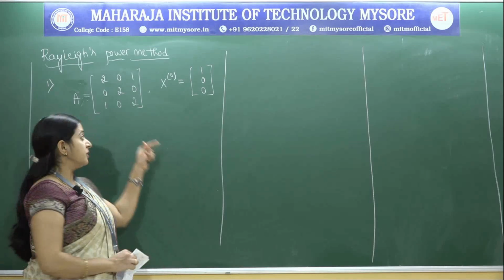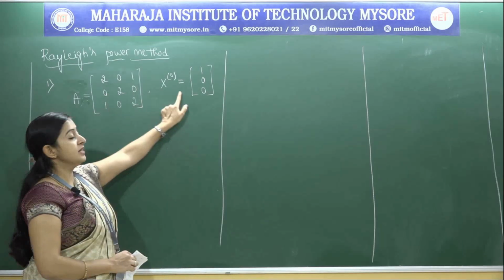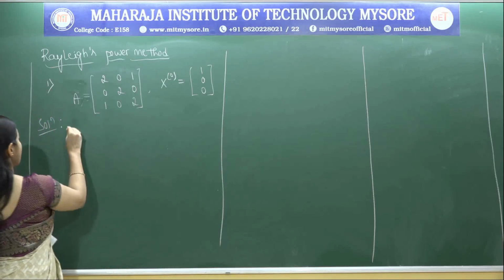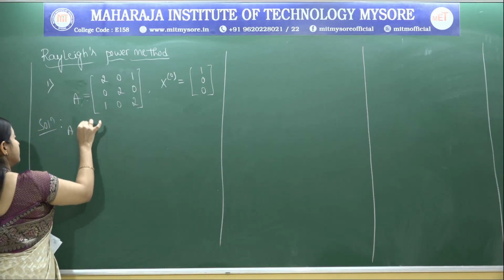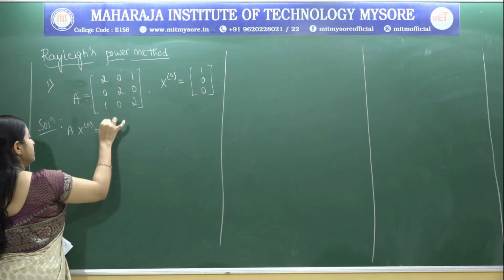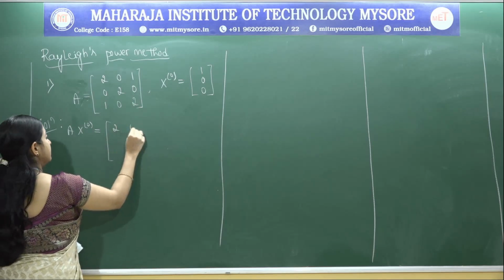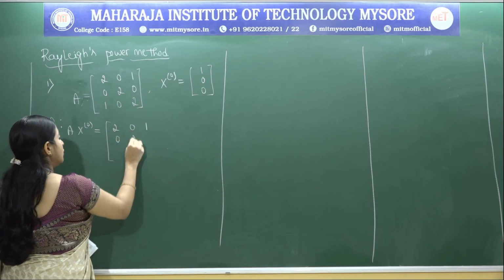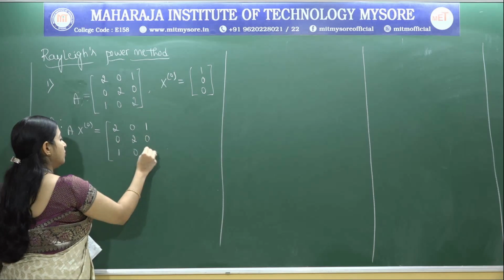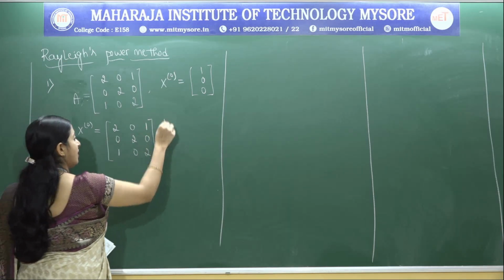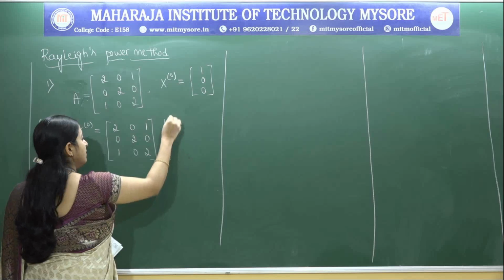First, you have to take the matrix multiplication of the matrix A and the initial matrix. So the first one, it is A x of 0, this is the first iteration. So write the matrix A, 2, 0, 1, 0, 2, 0, 1, 0, 2. Next, the initial matrix 1, 0, 0.